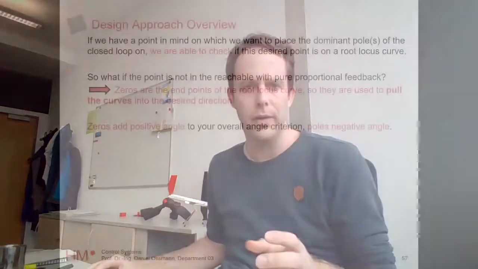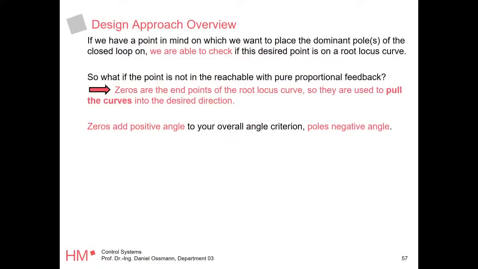So why not place a pole? Alternatively, if you wanted to add something to get to 540, you would need to add a lot. So yeah, we keep with the subtracting. We can use these ideas of the angle criterion to add poles and zeros at a certain location to finally meet the angle criterion. This is the whole idea of a root locus design using the pole zero map on paper.